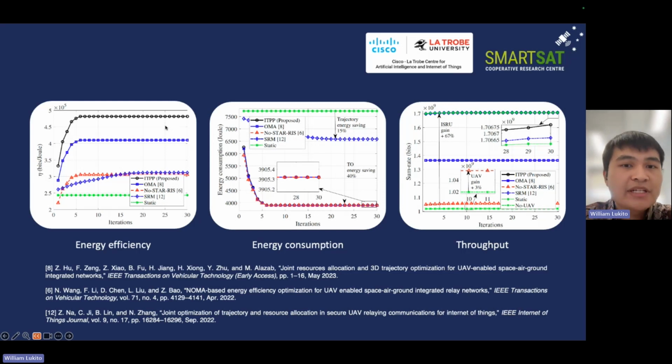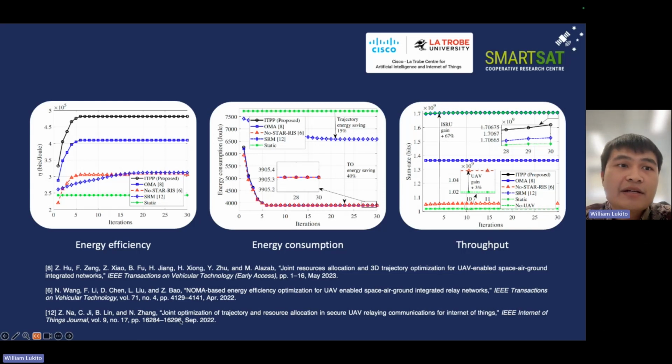This is mostly due to the integration of the proposed STAR-RIS UAV and the ITPP. While the STAR-RIS UAV and ITPP both can improve the throughput, ITPP particularly contributes to the reduction of UAV energy consumption. This is proven by looking at the energy consumption and throughput results.